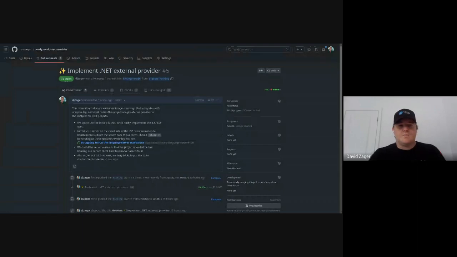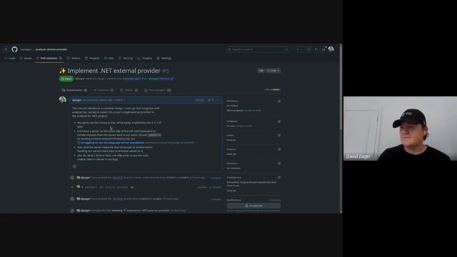So what we have here is the Analyzer.NET provider. This PR is where most of the hacking has been done over the past couple weeks. There's a couple things included in here. One, we're using this thing called the C# LS.